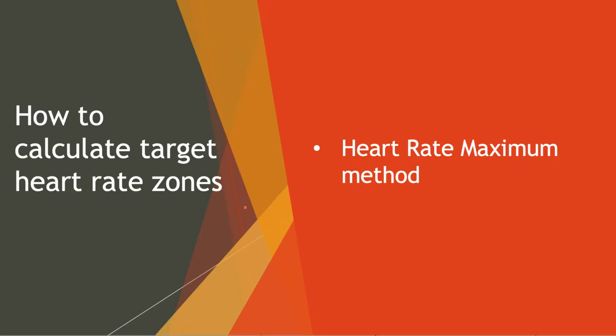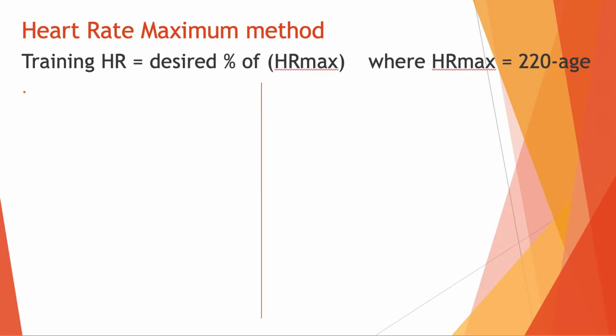So let's have a look at the actual formula, what these charts are actually using in order to determine the working heart rates for the different ages and these different zones. It's called the heart rate maximum method. It's a really simple calculation. Let's have a look at a few together. So let's compare again our 20-year-old and our 40-year-old.